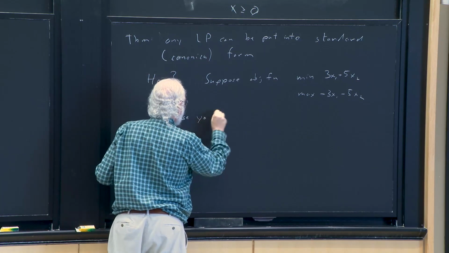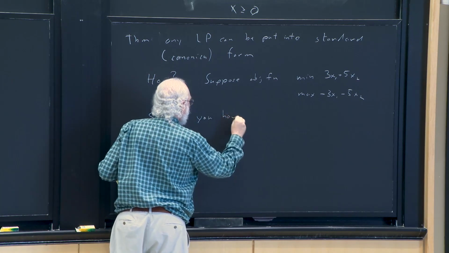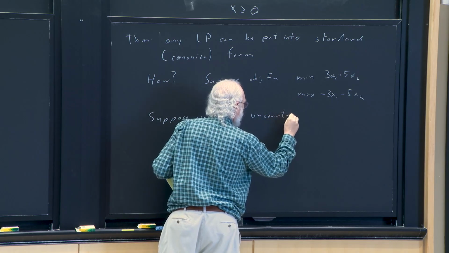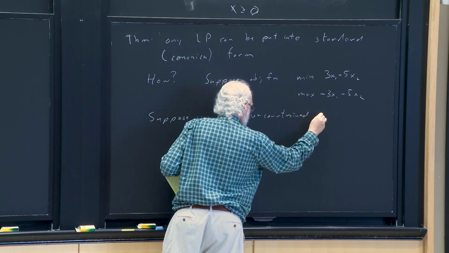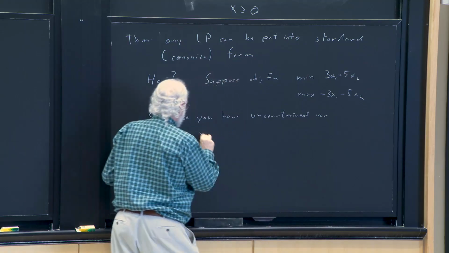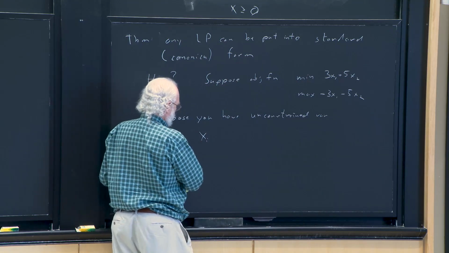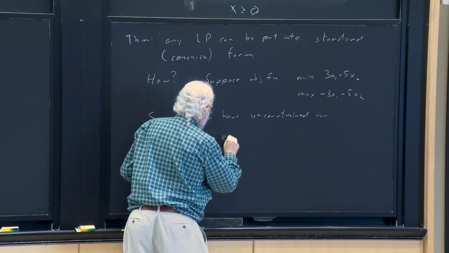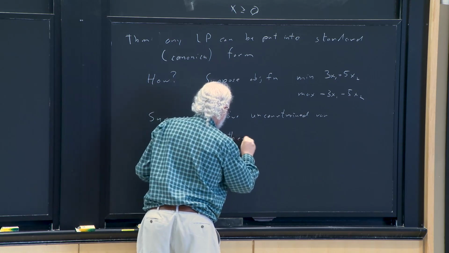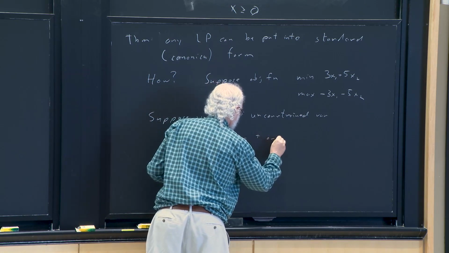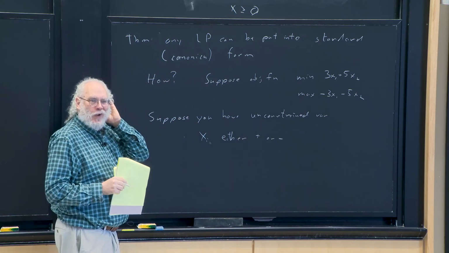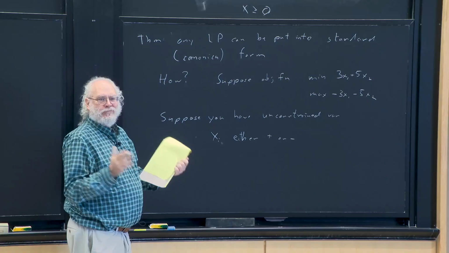Suppose you have an unconstrained variable, x sub i, which can be either positive or negative. Maybe I should just tell you the answer to this because it's not quite as obvious as the last one.